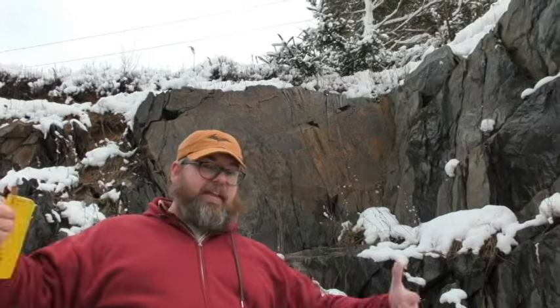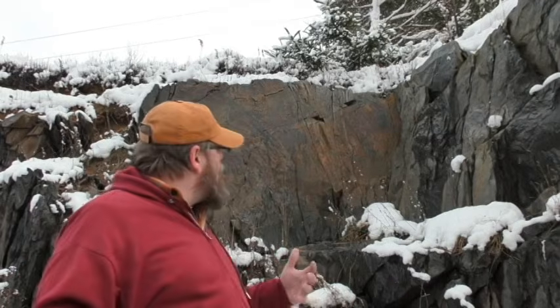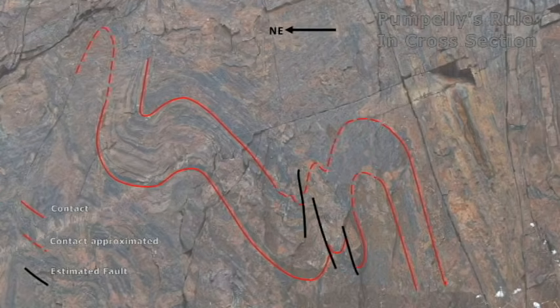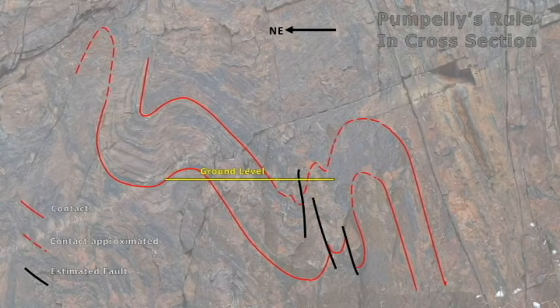Pumpelly's rule basically states that you can have the larger structures that you can't see on the ground reflected in the smaller ones. And this is one of those smaller structures. Now you look at it and you can see the limbs, and you see a syncline, and you see another limb come down, then it gets complex. And it gets like a little anticline, but it could be faulted, stuff like that. And we're going to go to that place at the end here, and I'm going to show you how complex that is.